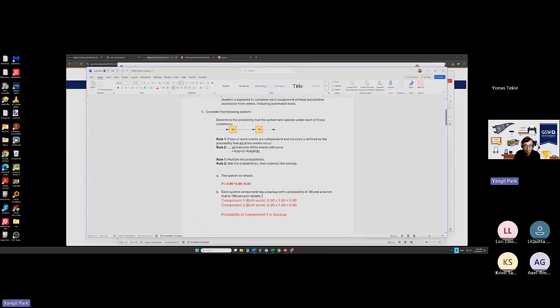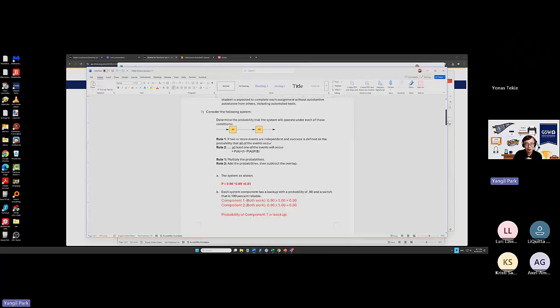So if you need the backup, the switch will work 100%, but the backup itself has 0.9. So here's what we're going to do. We need to find two circumstances for each of component 1 and 2. The first one is component 1, the second one is component 2. Actually, it doesn't matter in this case, right? Because both of them have 0.9 probability.